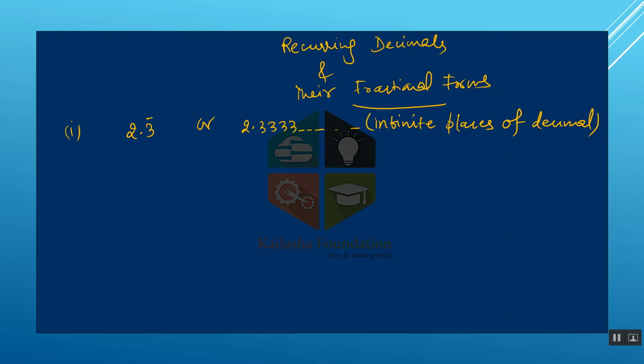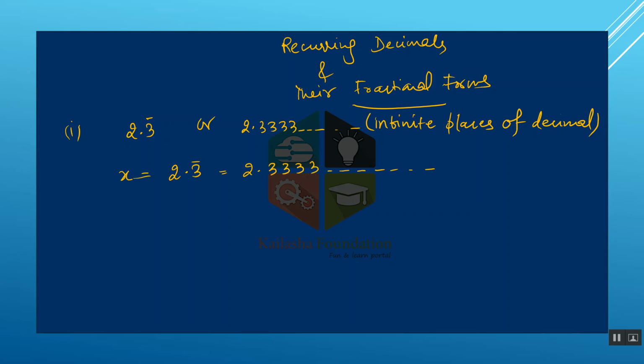So how can we express this number in fraction? x is equal to 2.3 recurring, that is 2.3333, and so on, infinite times.